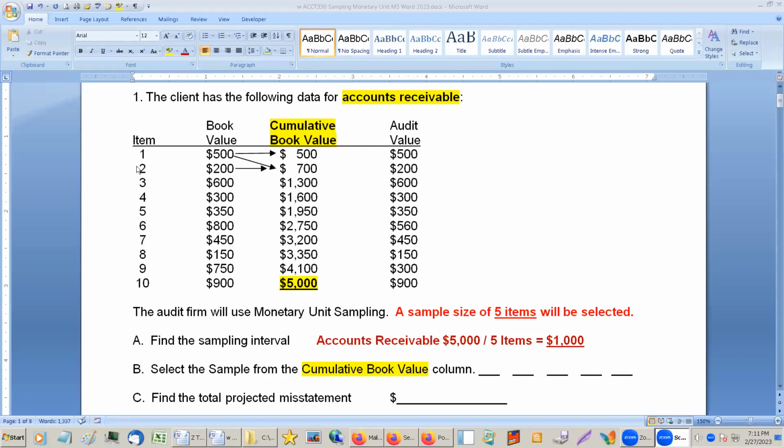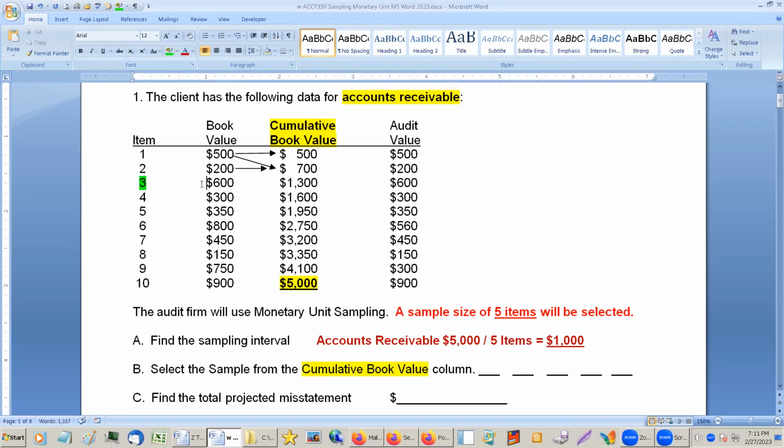So which item over here goes past the $1,000 mark in the cumulative column? 3. Item 3. Very good. So item 3 will be our first one that we pick.